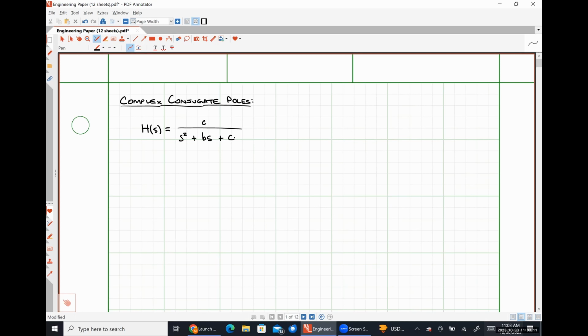The c in the numerator and the c in the denominator are meant to be the exact same constant, so that when we put this thing in standard form, our numerator is just going to look like the number 1.